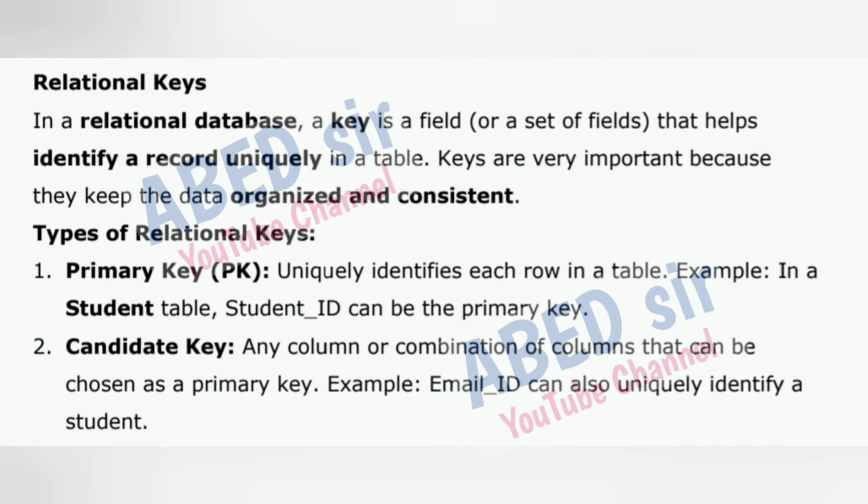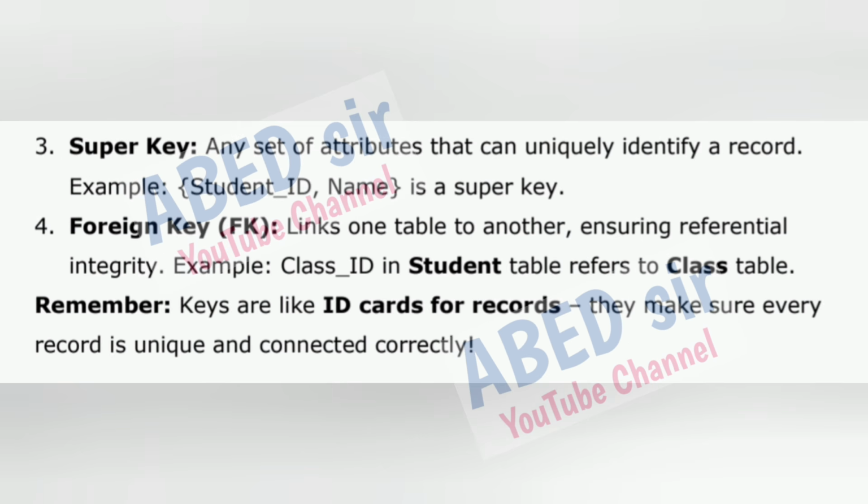2. Candidate key, any column or combination of columns that can be chosen as a primary key. Example, email_ID can also uniquely identify a student. 3. Super key, any set of attributes that can uniquely identify a record. Example, student_ID, name, is a super key. 4.